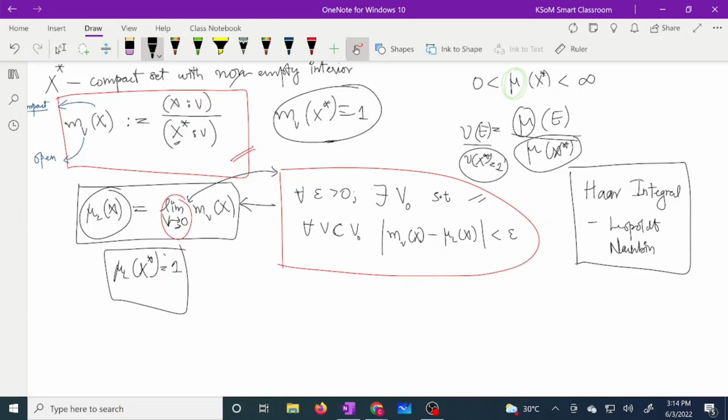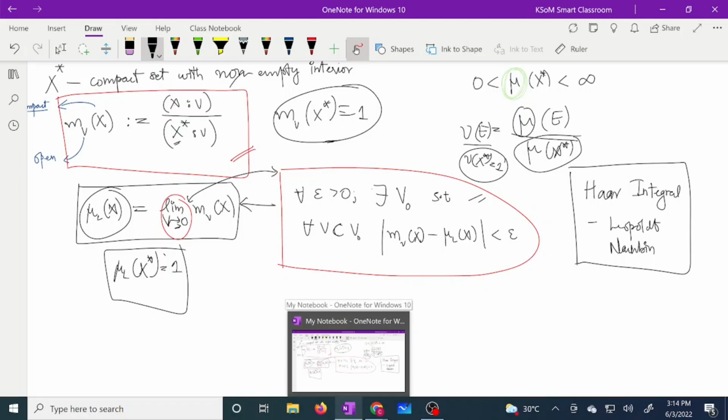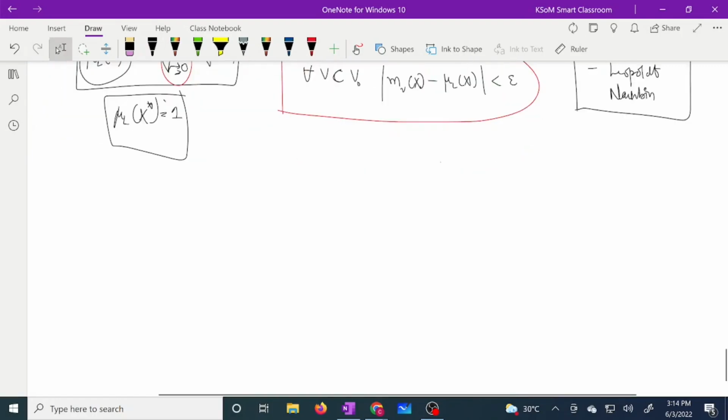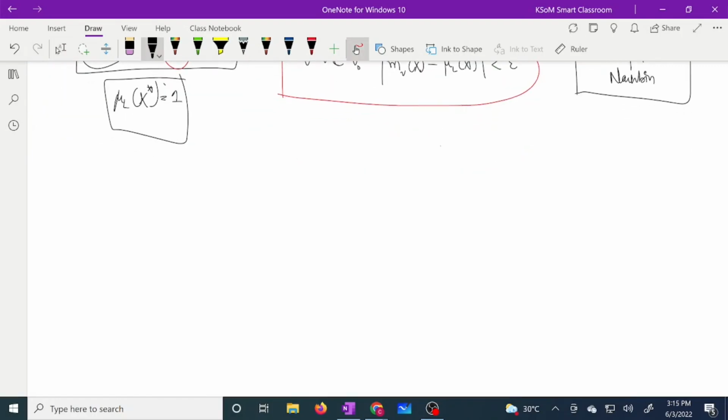Right. So the next thing, how much time do I have left? Okay, I have 15 minutes left. Let us try to prove theorem 2. Proof of theorem 2.